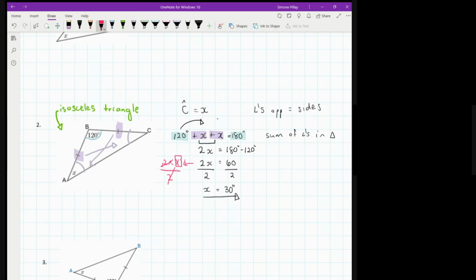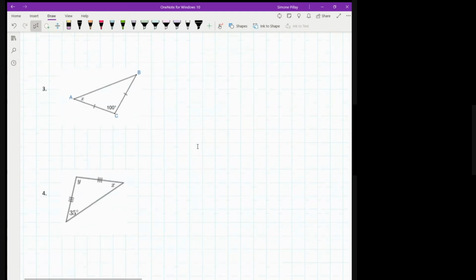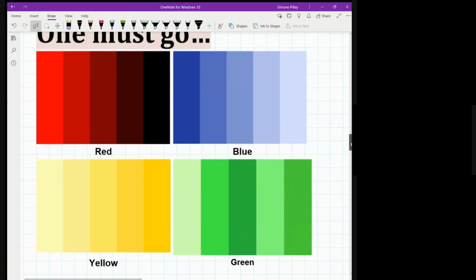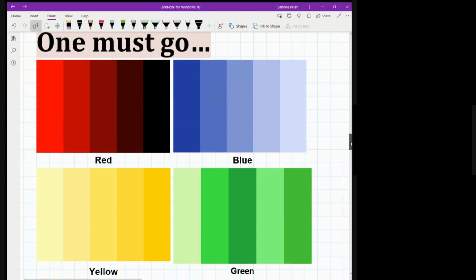Cool, so that's that. I'm going to now go into a brain break. You guys can ponder on this for a while as I close my curtains. Also, this brain break is boring. As I was saying, I've run out of One Must Go ideas.